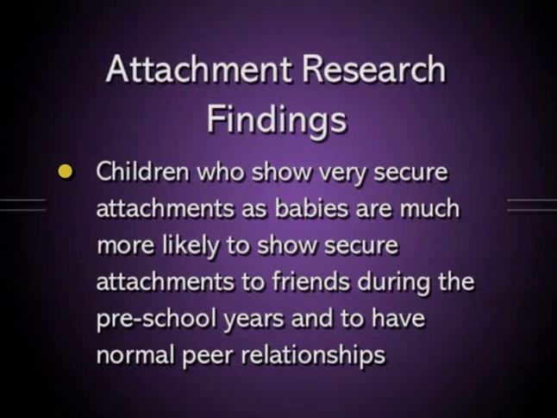Children who show very secure attachments to their parents, to their mother or their parents, as babies, are much more likely to show secure attachments to friends during the preschool years, and to have normal peer relationships or peer friendships.